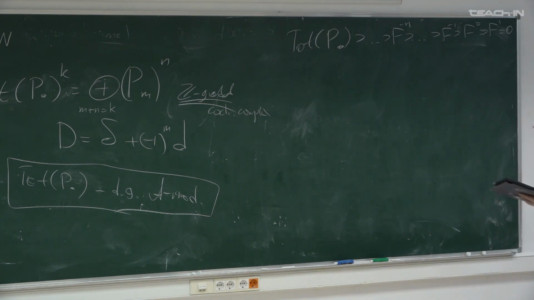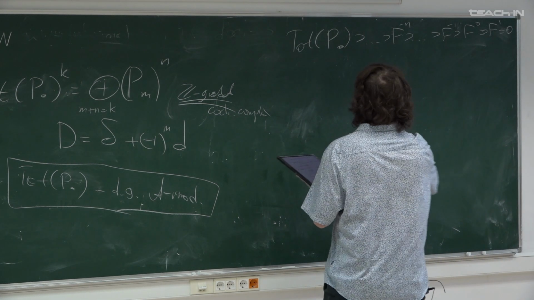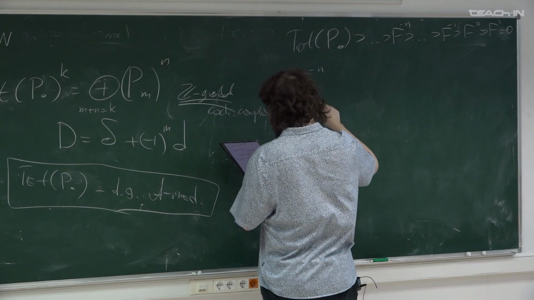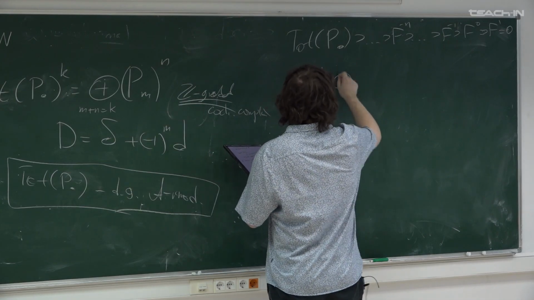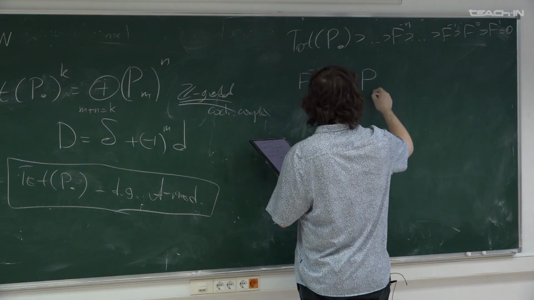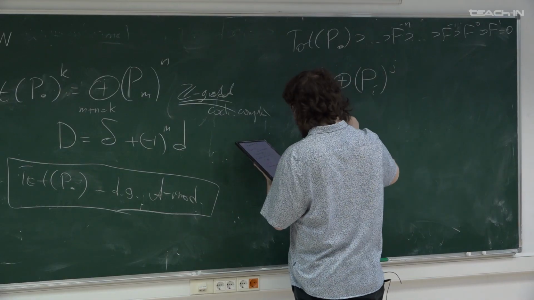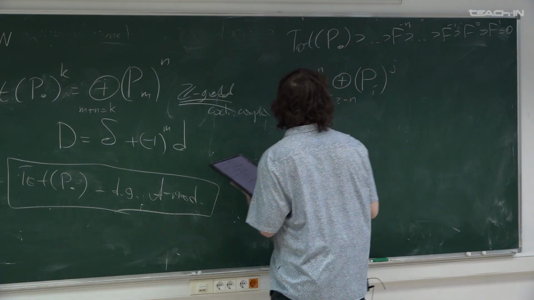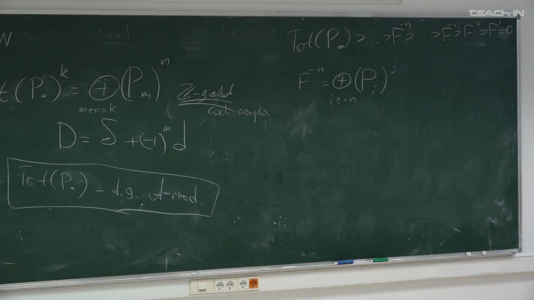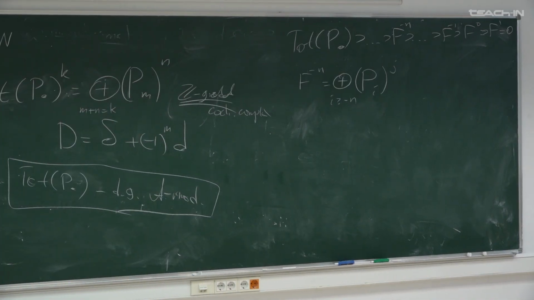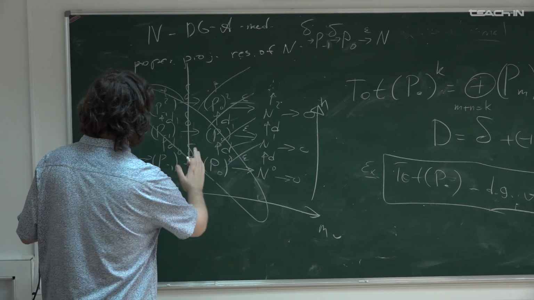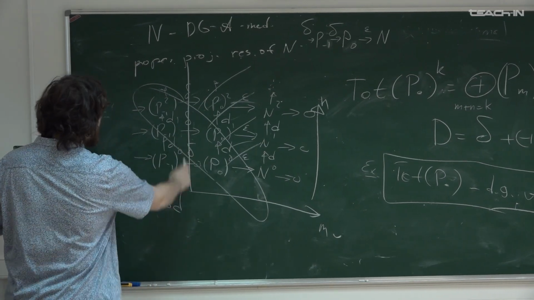Decreasing filtration. Yes, decreasing filtration on the cochain complex, where it's just minus n. It's just this part, the right part, greater than minus n.